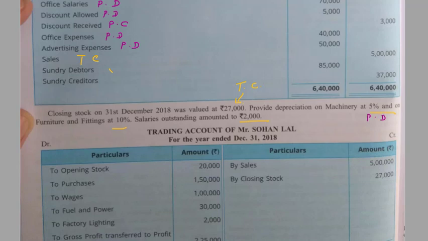The amount is known, so we will include the depreciation here. Salary outstanding is 2,000, and we have to give this salary, so this is again in the profit and loss account on the debit side.